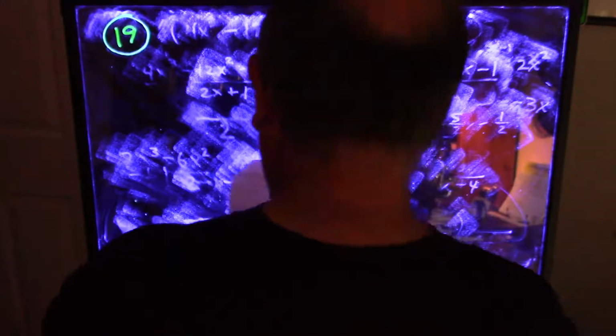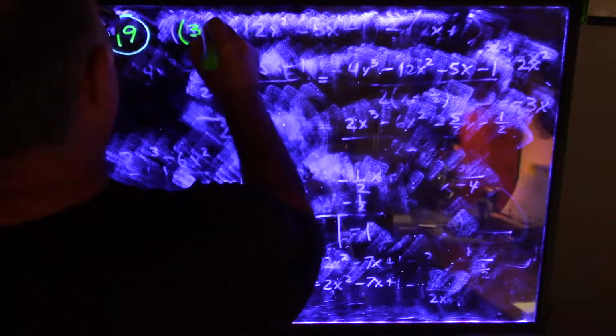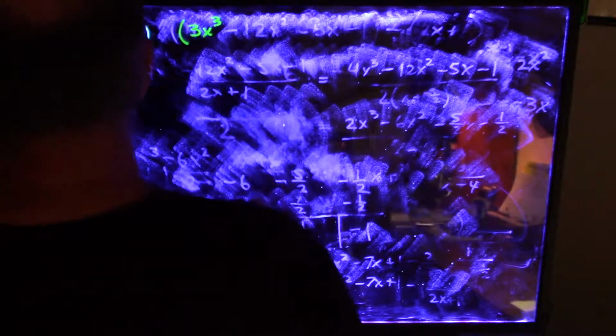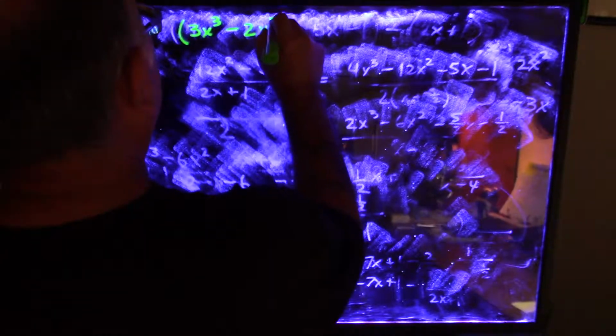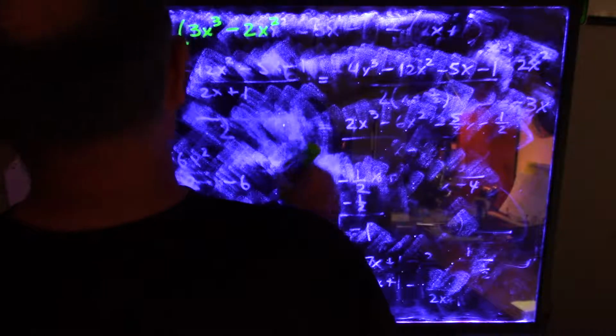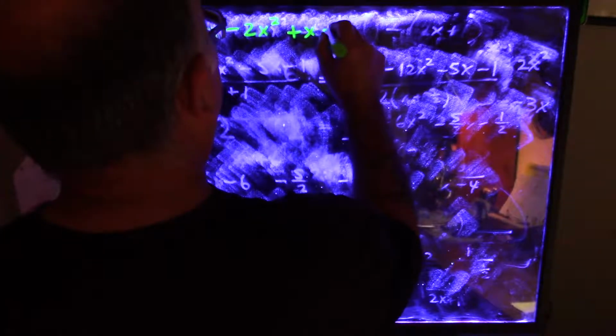Number 19. We've got 3x cubed minus 2x squared plus x minus 4.